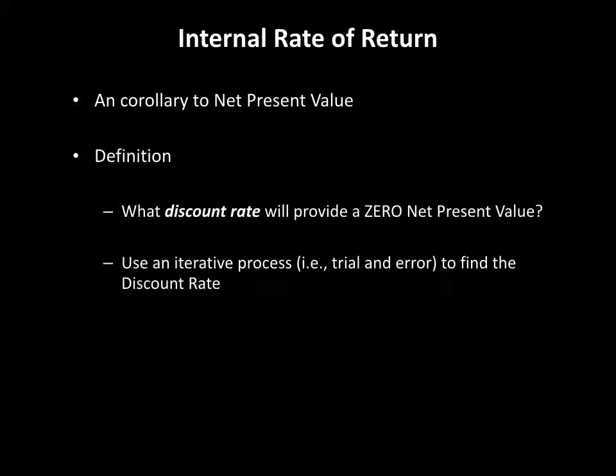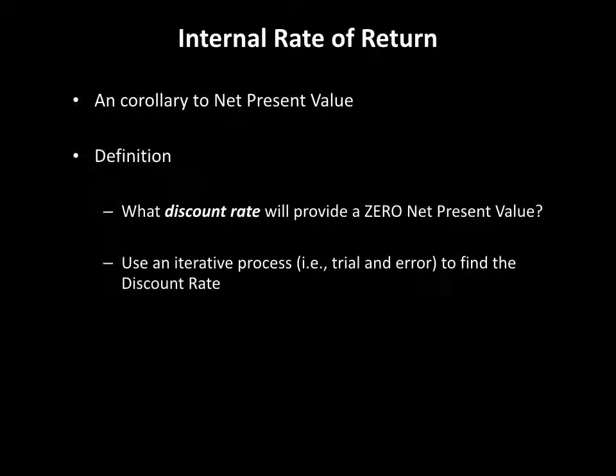Internal rate of return, or IRR as it's known, is really a corollary to net present value. What it does is take the forecast that you did for your net present value, the 3 or 5 year forecast, and substitute in different discount rates to find out what discount rate, or rate of return, gives you a zero net present value.